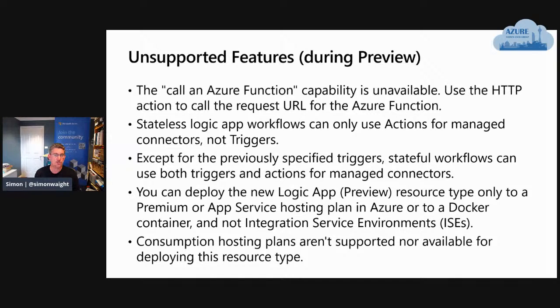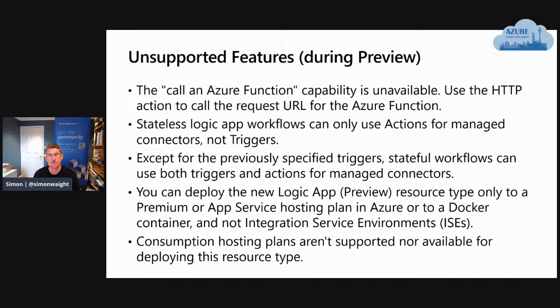So if you've worked with Logic Apps before, you know there's a great get-out-of-jail-free action that you can call to actually call an Azure function. So it might be that you can write a solution in 15 lines of code, put it in an Azure function, receive a payload from a Logic App, and then send that payload back to the Logic App or to another Logic App once you've processed it, whereas it might take you 30 actions inside of a Logic App, and it makes no sense to do it in a Logic App.